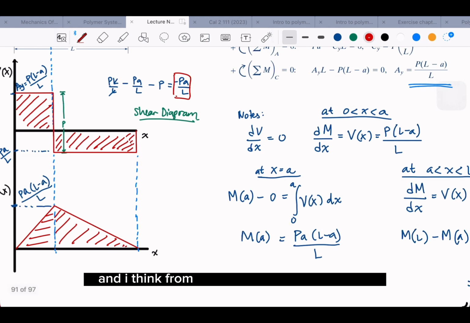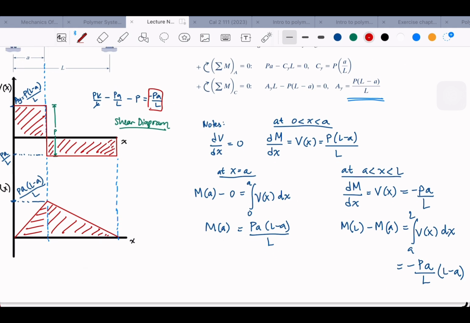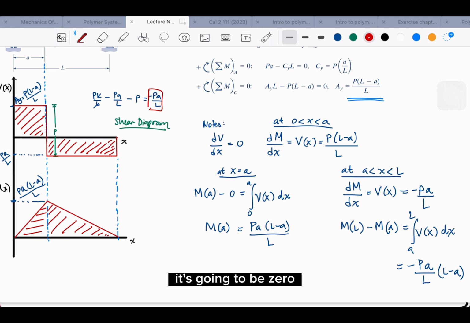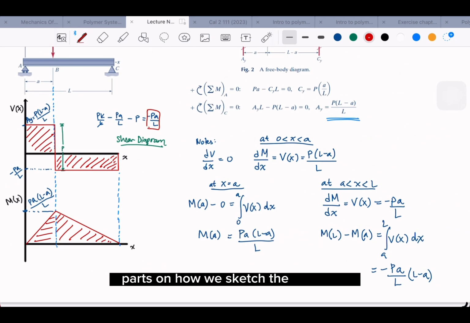From our notes here, you can conclude that since this is going to be 0, to put those two together, then this will be correct. So it is correct that it's going to be 0, as we see from the calculations, right? Okay. So these are very basic parts on how we sketch the diagrams.